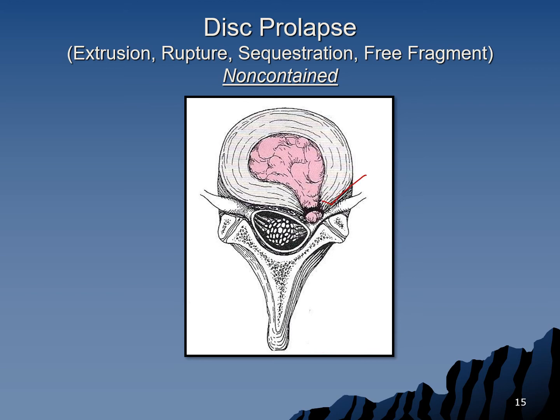If there was a total separation right there, then it would be a sequestration. And if this piece over here, I'll just put a red dot on it, if that piece were to migrate, move right, move left, move up or down, it would then become known as a free fragment.